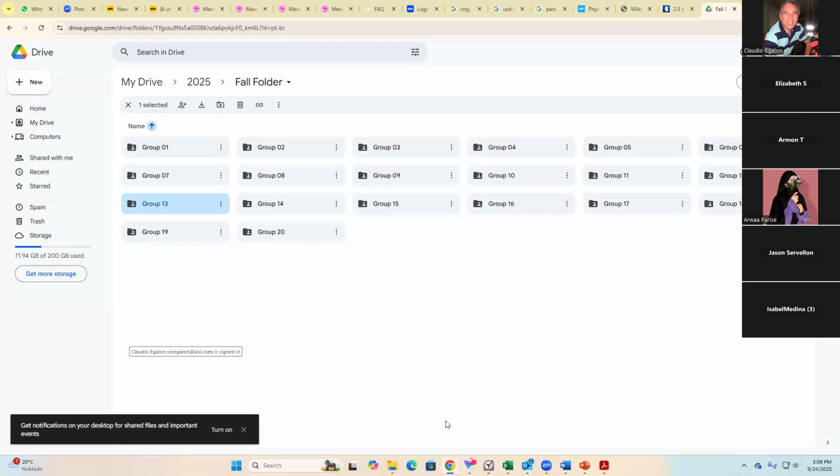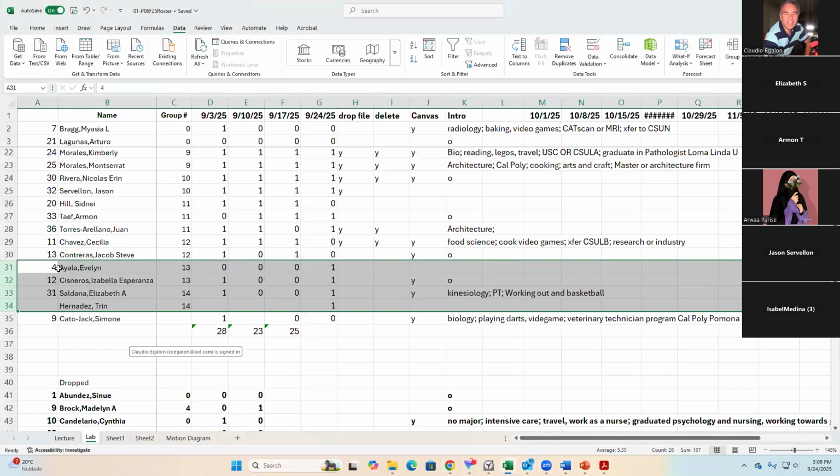Okay, group 13. Group 13 are Evelyn Ayala and Isabella Cisneros.